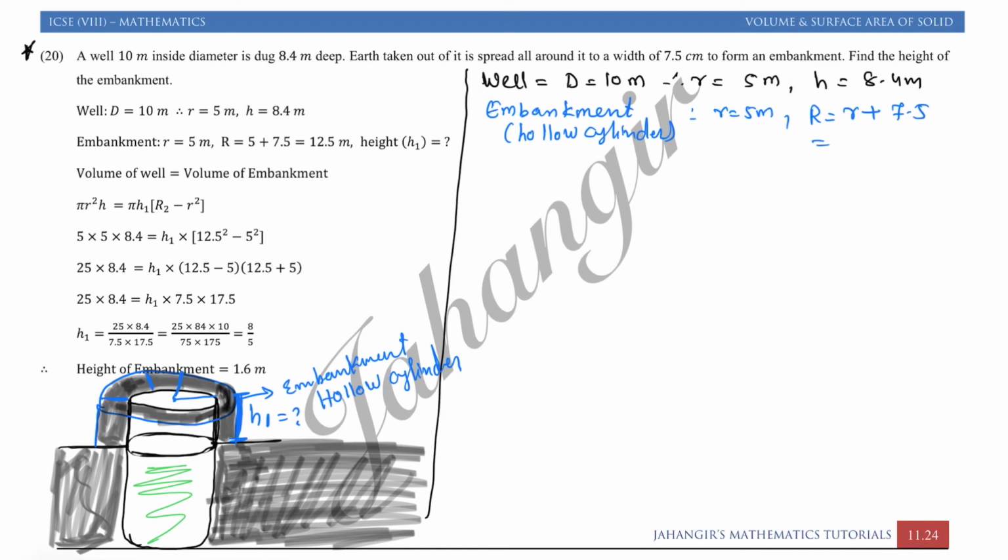That is 5 plus 7.5, that is 12.5 meter. And its height h1 we have to find. h1 is the height of the embankment. So therefore volume of well is equal to volume of embankment.